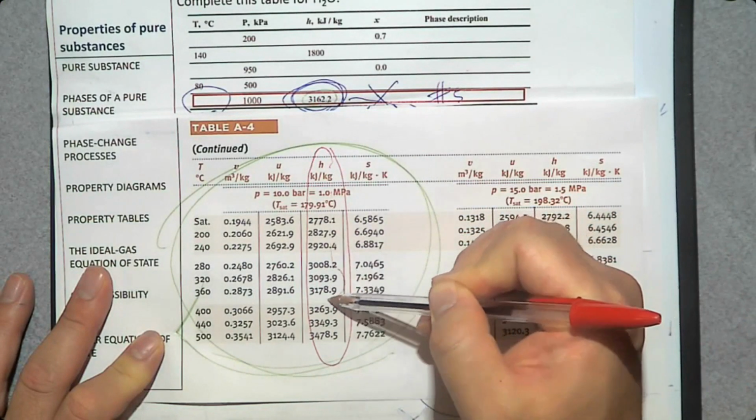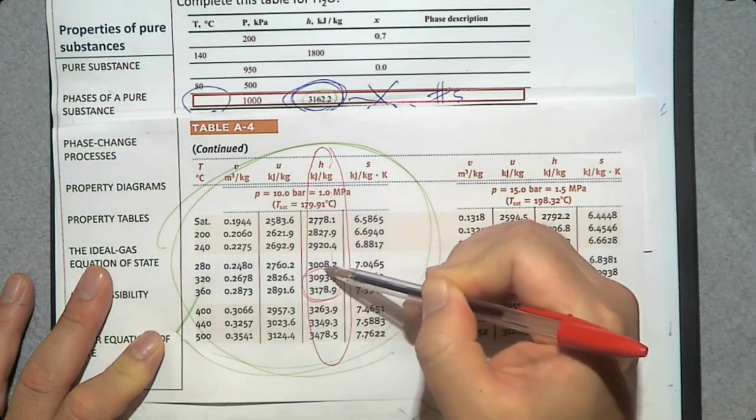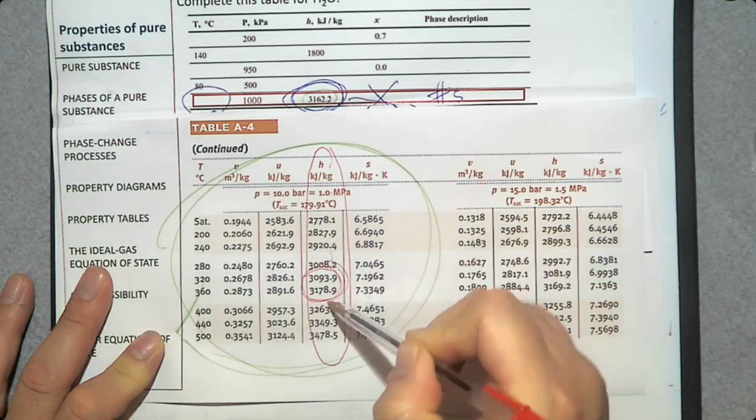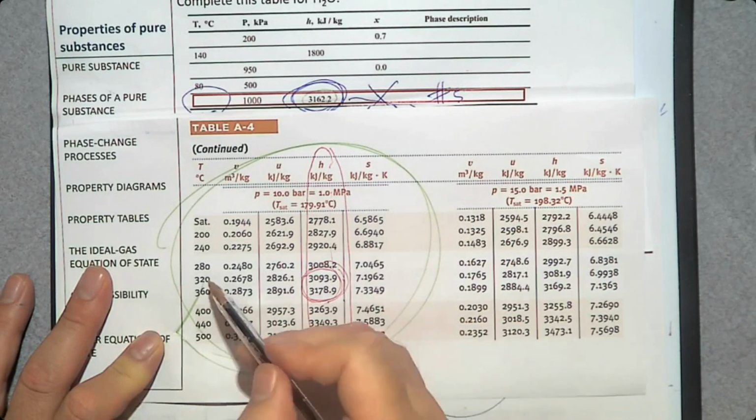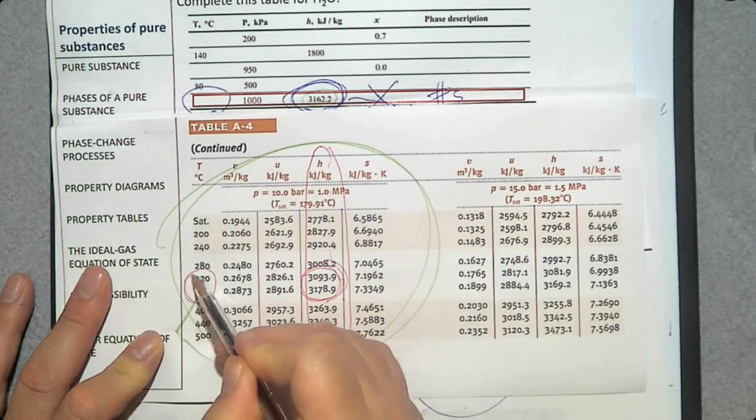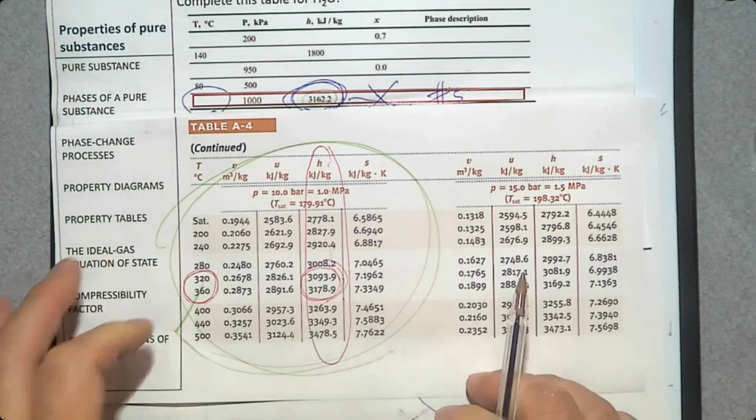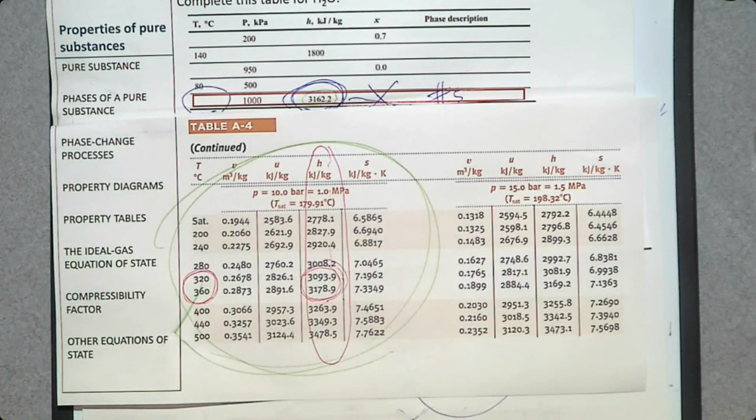3162 is between these two numbers, right? It's greater than this one, less than this one. So the temperature we are looking for is between these two numbers. So what are you going to do? Oh, we don't have the exact value, 3162.2.